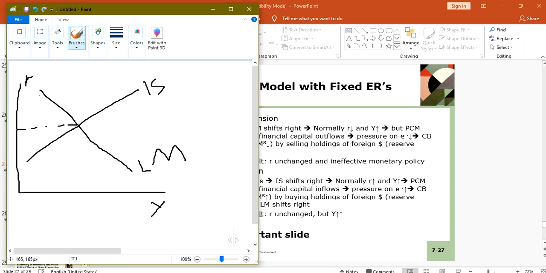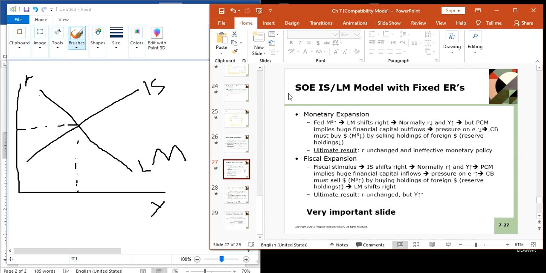We are at this rate and this level of income. Now, under the fixed exchange rate, when the money supply increases, LM shifts to the right.